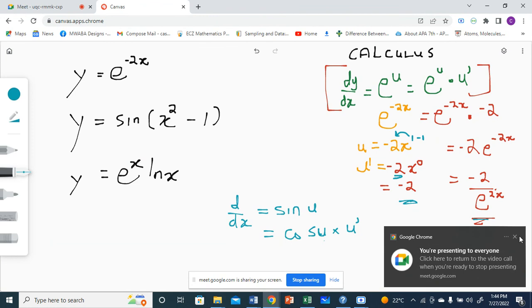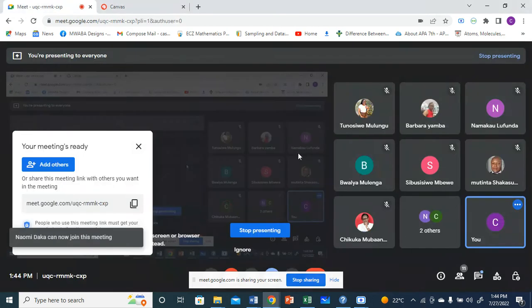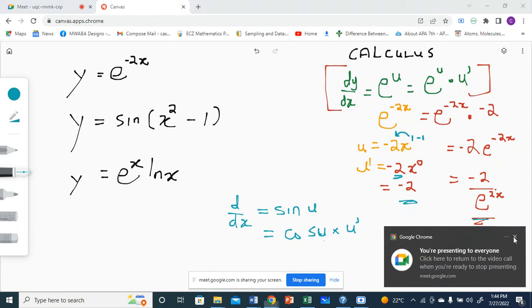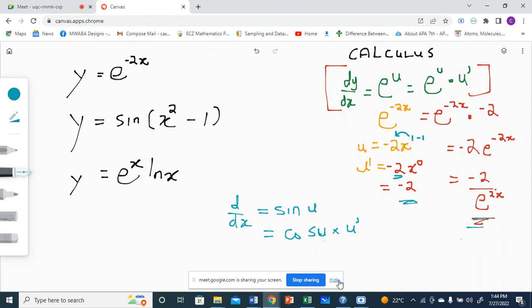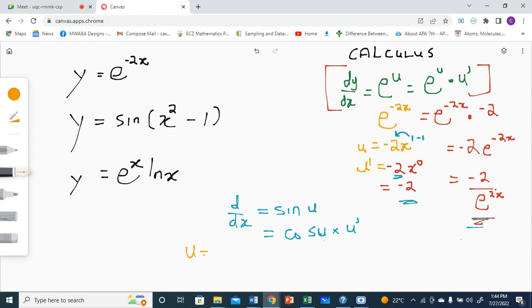For number 2, u is x squared minus 1. So you say your u equals x squared minus 1.